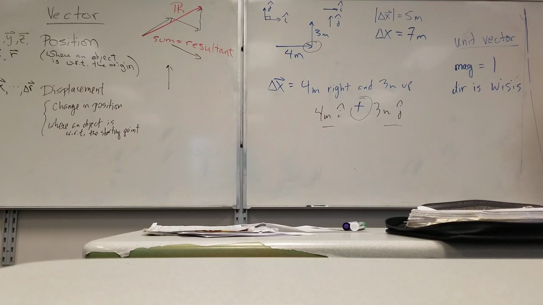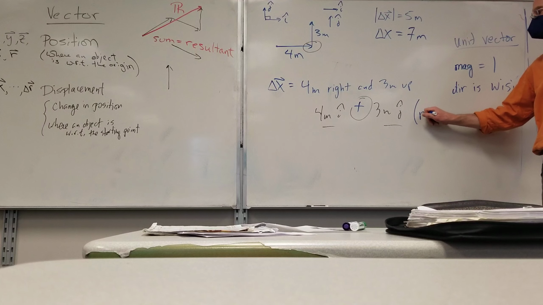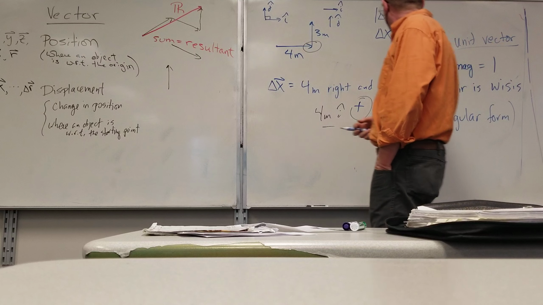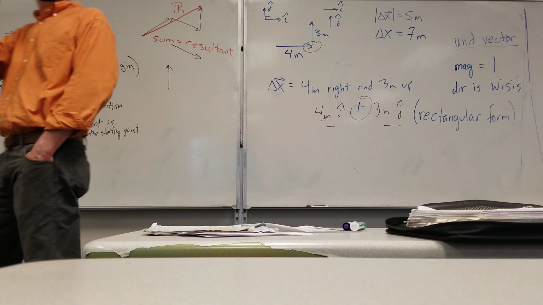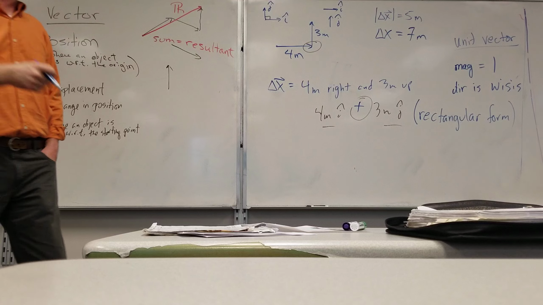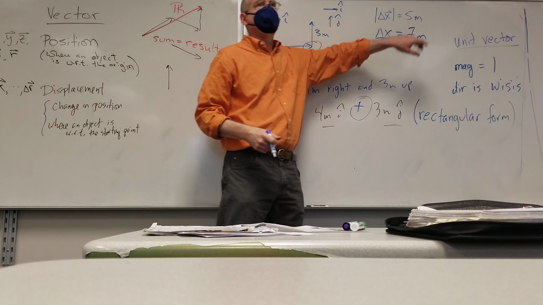All right, so this is a vector right here. This is in rectangular coordinates, or rectangular form, I should say. I think it was Musa who said 5 meters before. I was giving you credit for it.